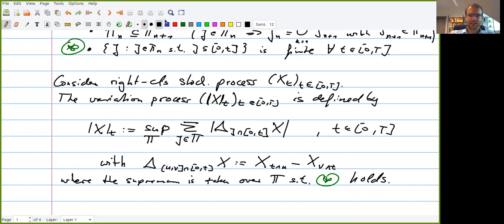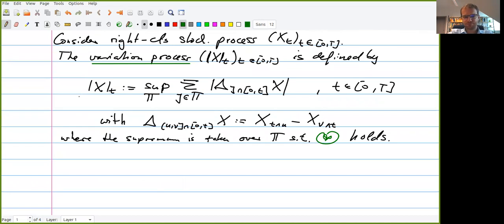And now I claimed that this variation somehow appears in the context of Lebesgue-Stieltjes integration. So let me discuss this a bit in the next remark, so that you hopefully agree with me that this is what appears naturally in the context.